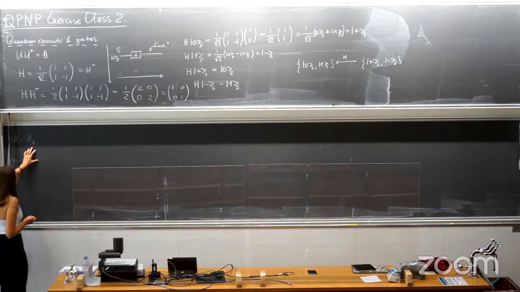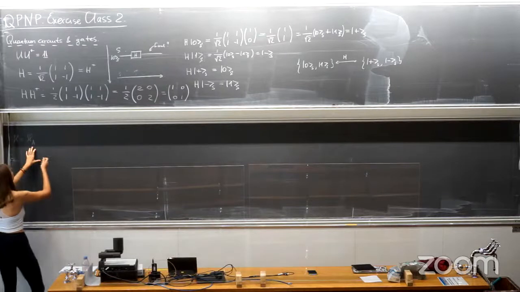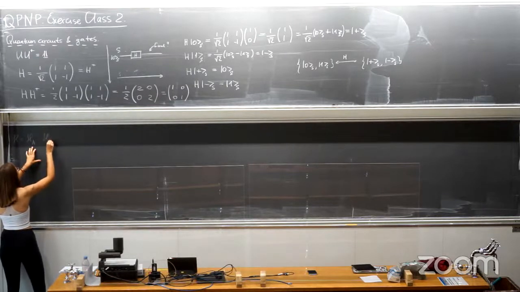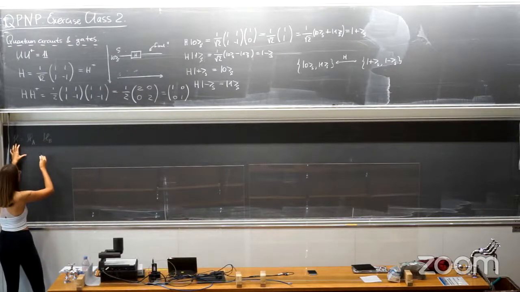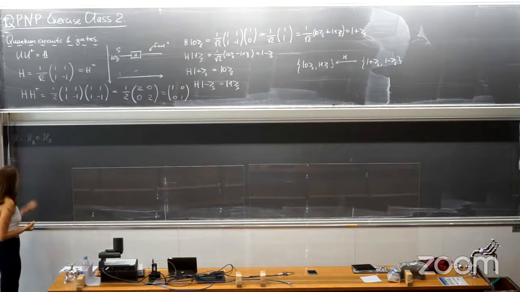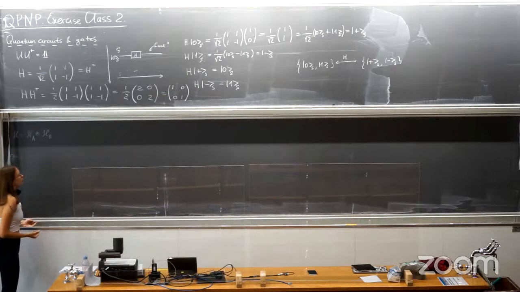If system A has Hilbert space HA and system B has Hilbert space HB, then the joint Hilbert space is described by the tensor product of these two spaces. So what does it mean practically? Let me give you an example.